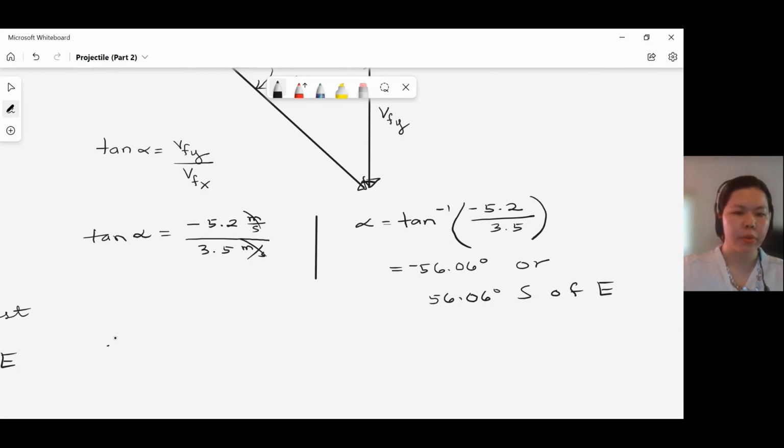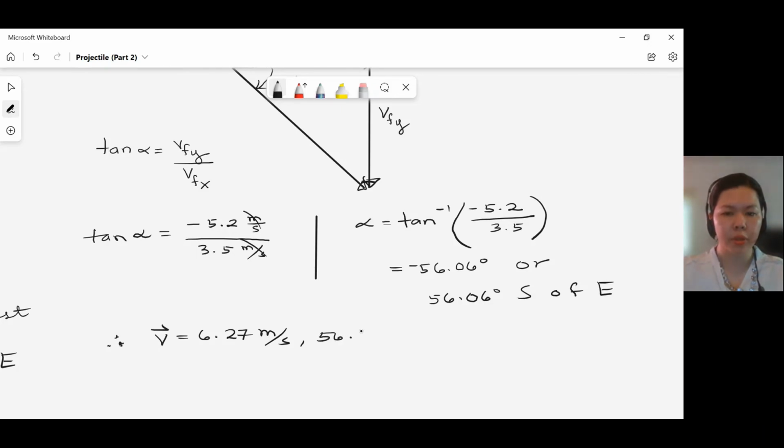So we can say that V at 1.15 seconds after release is 6.27 meters per second, 56.06 degrees south of east.